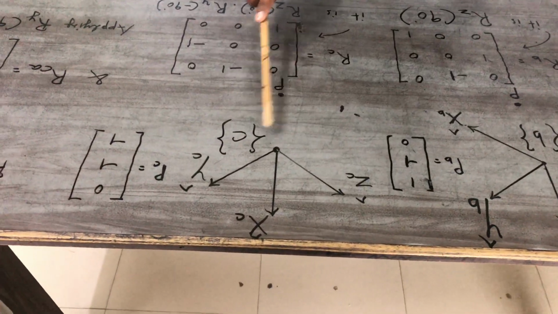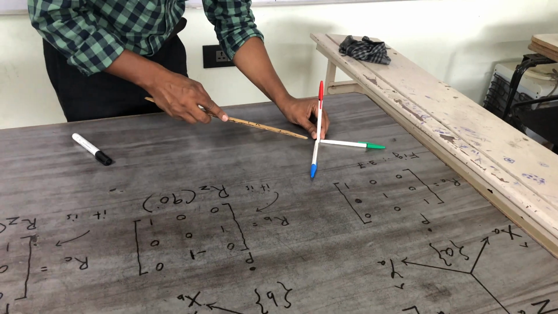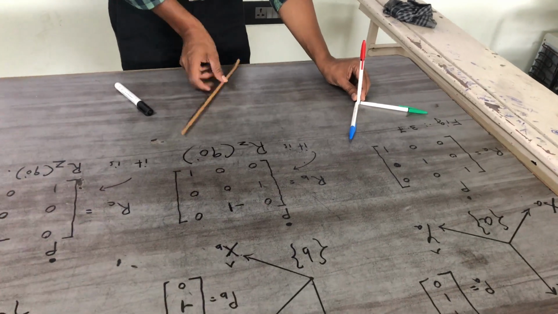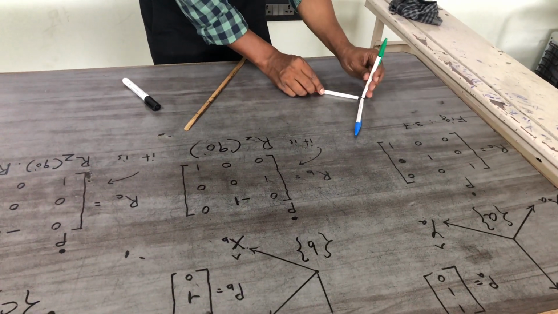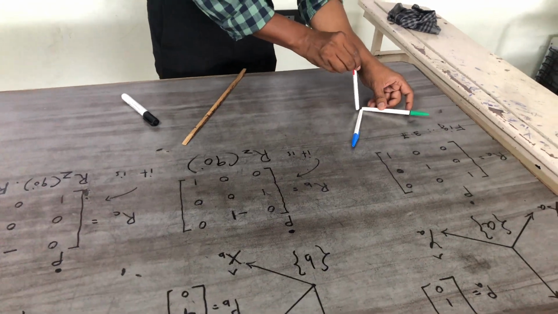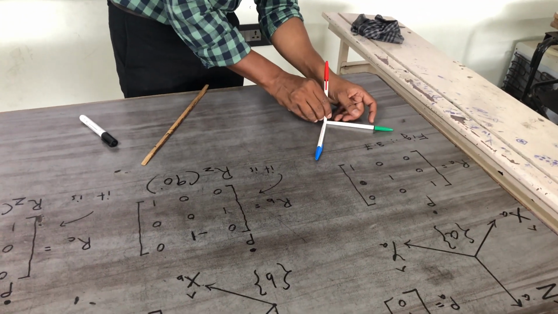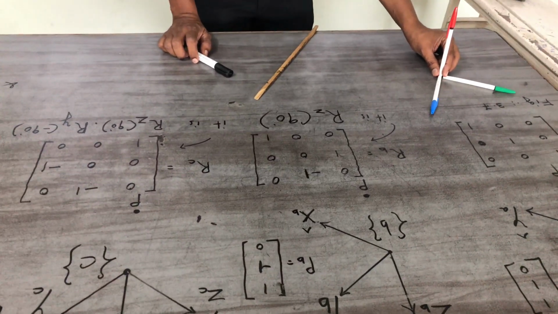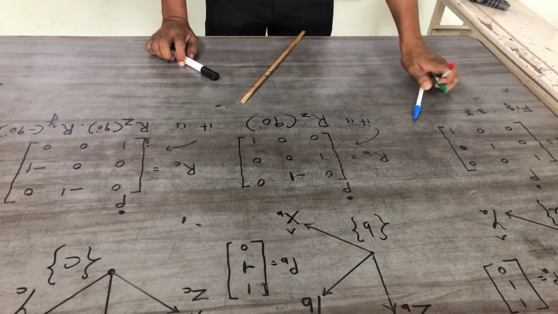Observe this: this one is Y, this one is Z and this one is the X axis. We have rotated from X to Z from my side. So the angle is minus 90, X to Z.